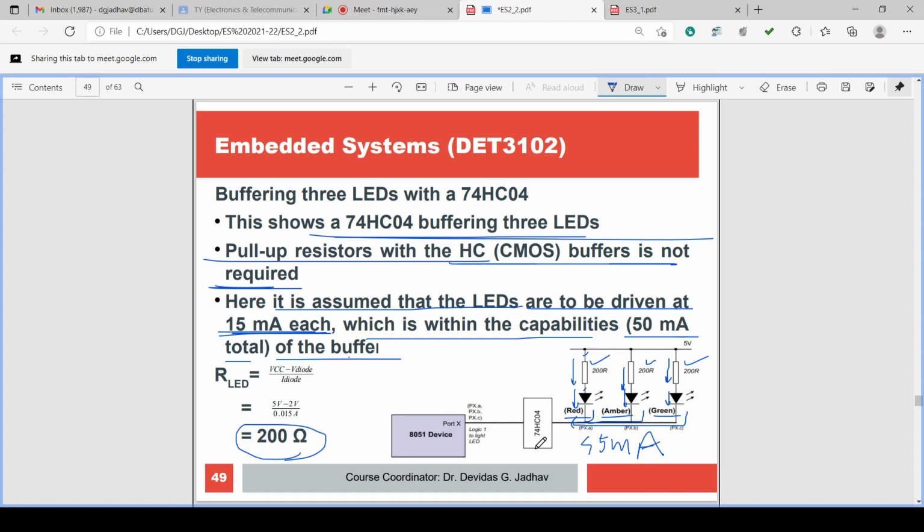In this case the buffer is safe, because the buffer has a capacity of 50 milliampere. The buffer can very safely provide that 45 milliampere because its maximum limit is 50 milliampere. In this way, we can use the 74HC04 buffer for connecting 3 LEDs.